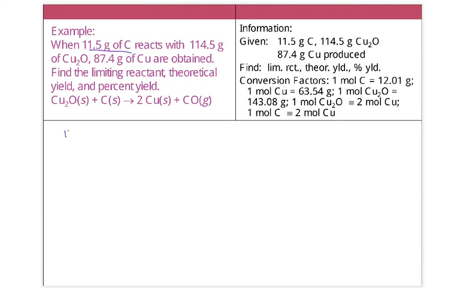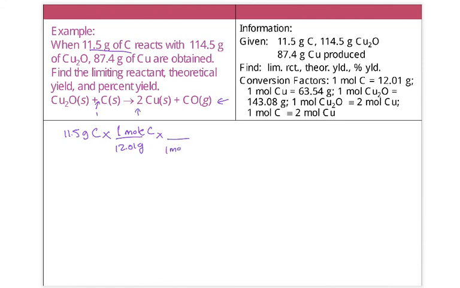We have 11.5 grams of carbon. And of course, we can't use this chemical equation yet. We have to convert the grams into moles. And we know there's 12.01 grams of carbon for every 1 mole of carbon. Now we can use our balanced chemical equation here, and we know that for every 1 mole of carbon, we get 2 moles of copper.